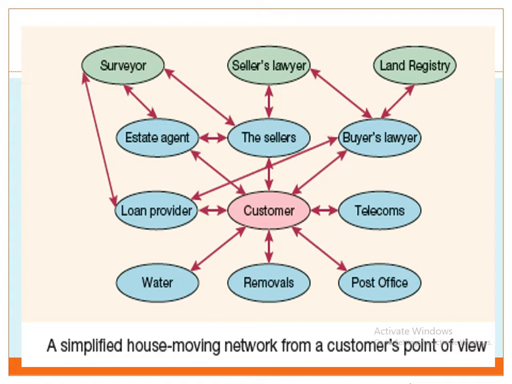Also the water company which needs to produce a final bill at the point of moving and set up the new account at the new address. So the customer will also be reliant upon many of those organizations, not only managing their own chains but coordinating with the other networks. So we have taken this example in detail.